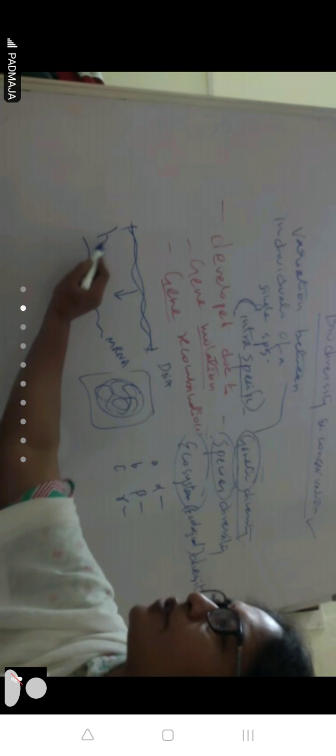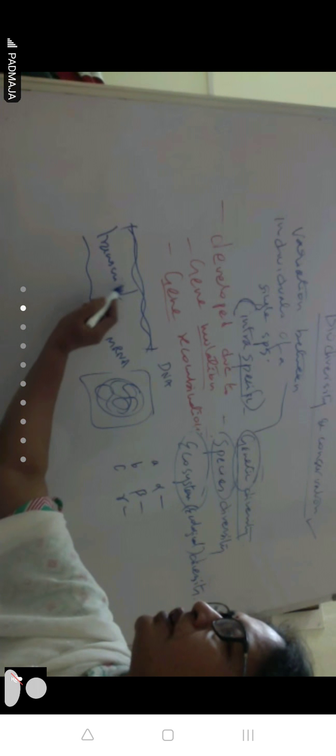Suppose this is one particular length of DNA, not 2 meters, a small stretch of DNA, which carries information for mRNA, means which can transcribe. I think you know the formation of RNA from DNA is called transcription.